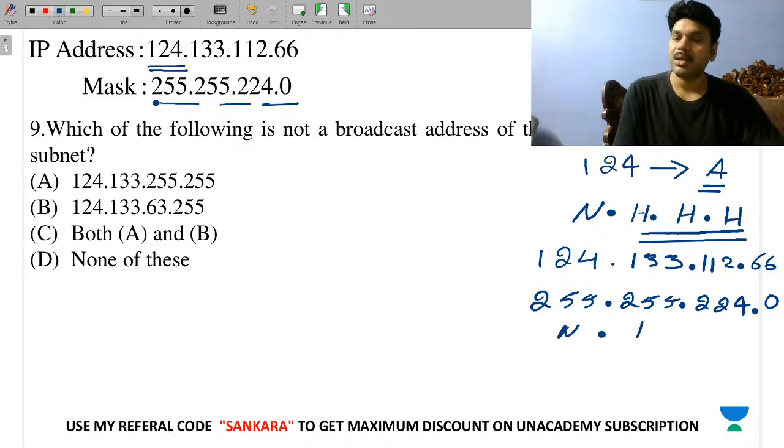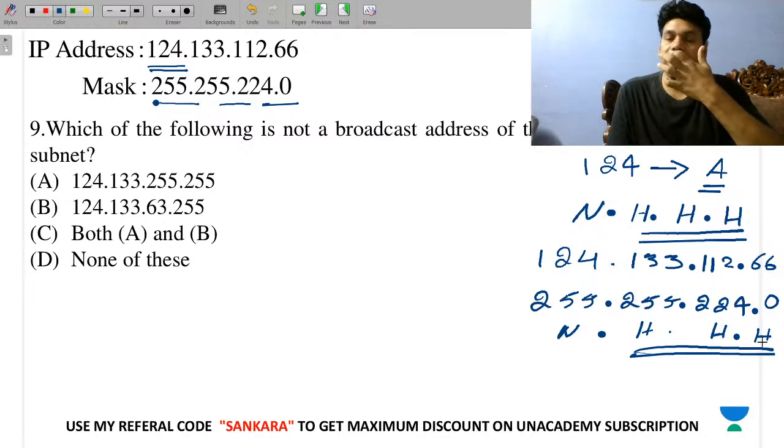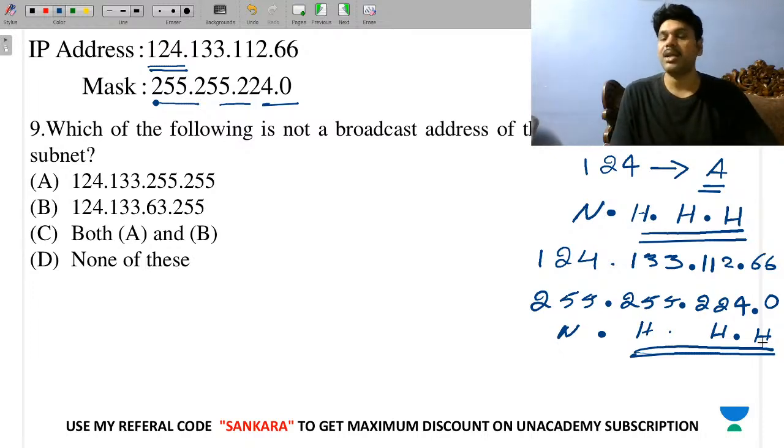This is the N and the remaining are host IDs to us. So you keep all NID bits and subnetted bits, and the remaining host ID bits you convert to ones. Soon after you convert them to ones, you will see your subnet broadcast address.